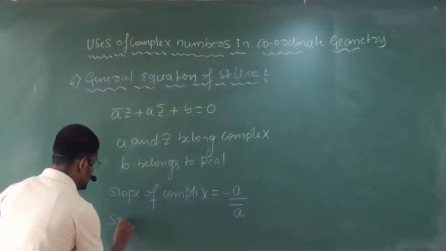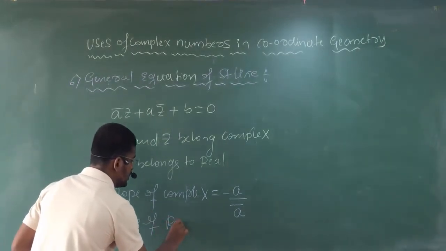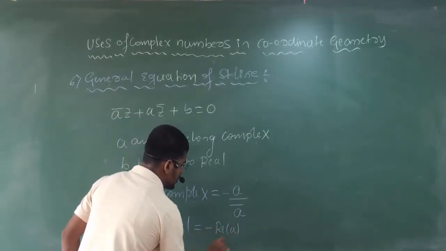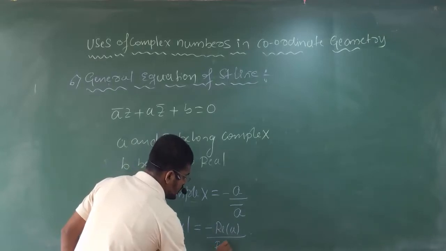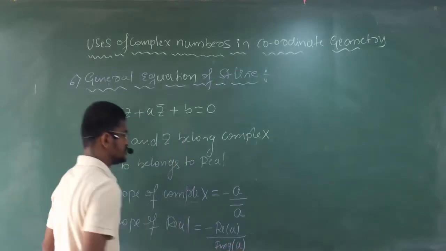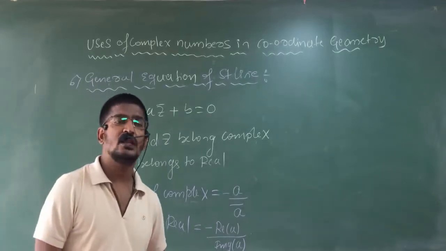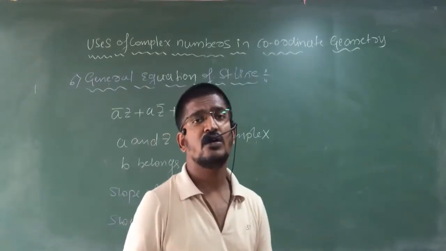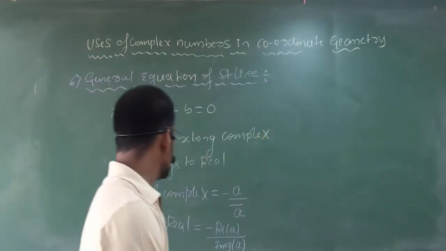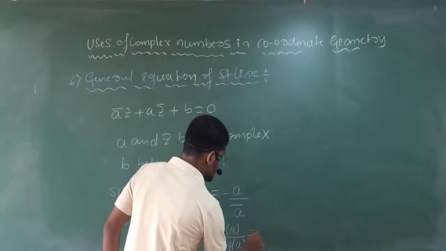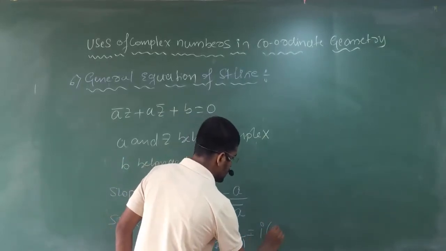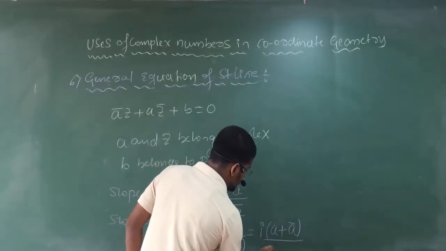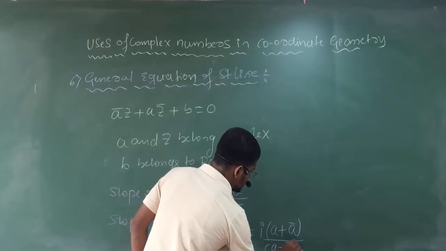Next, slope of real is equal to minus of real part of A divided by imaginary part of A. Clear? Slope of real is given by minus of real part of A divided by imaginary part of A. And this also can be written as i times (A plus A bar) divided by (A minus A bar).